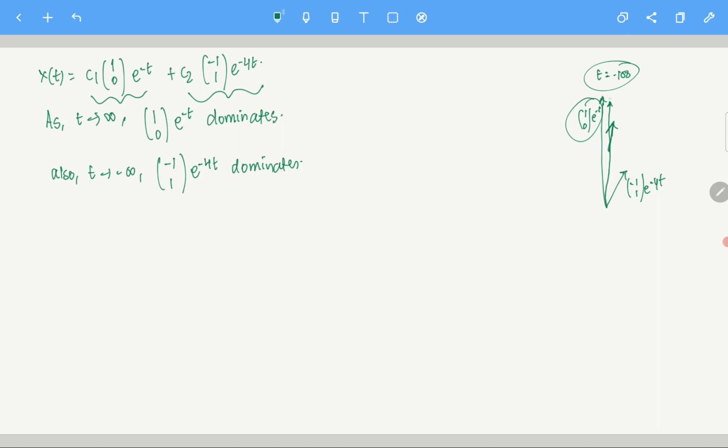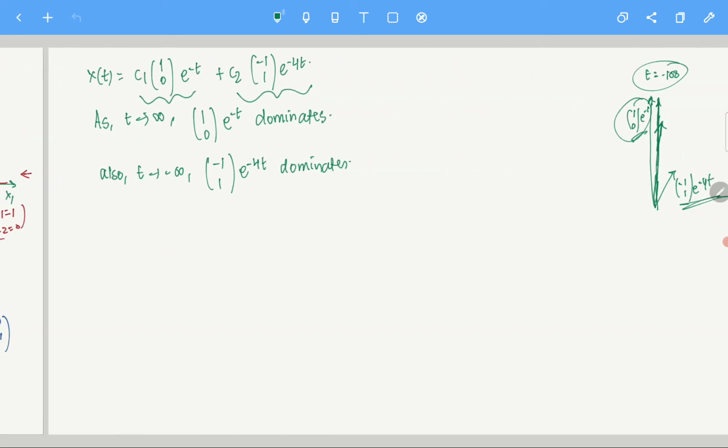The vector will be, you can think of it as, parallel to this vector. Of course it's not exactly that vector, but it will be parallel to it, because this will be very big and that's very small. A similar thing happens when t equals minus infinity also. Then this particular term dominates and the other one is dormant. Clear?